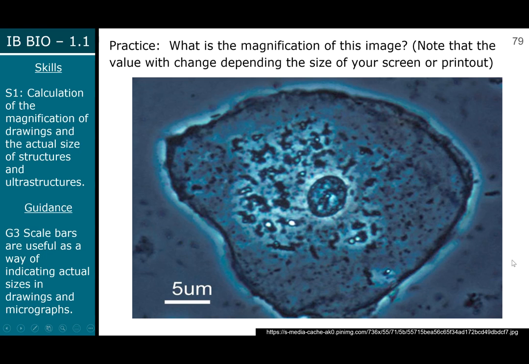Okay. So, practice. What is the magnification of this image? Note that the value will change depending on the size of your screen or printout. So, this is 5 micrometers. Since I'm doing this on the computer, let's do it this way.